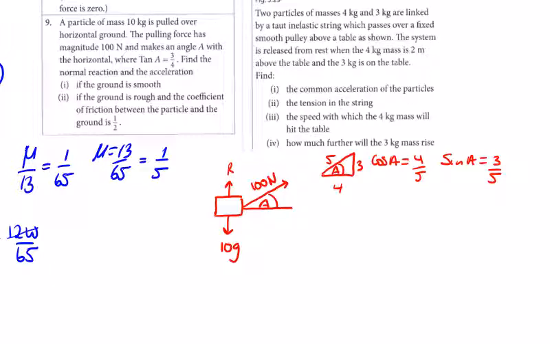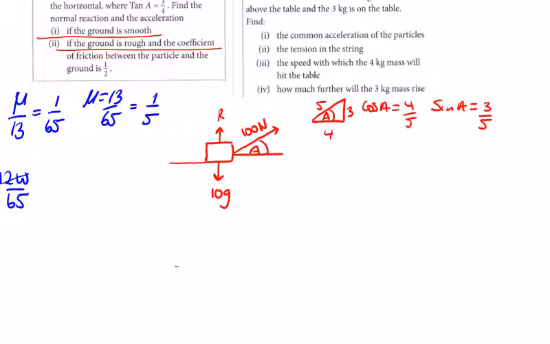Normal reaction. The ground is smooth here. We have smooth ground, and then we have the ground is rough. So here's my ground, it's smooth, and then it's rough. So there are the forces. Let's resolve them by doing another diagram.